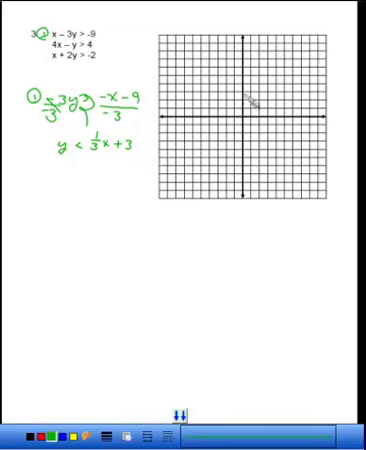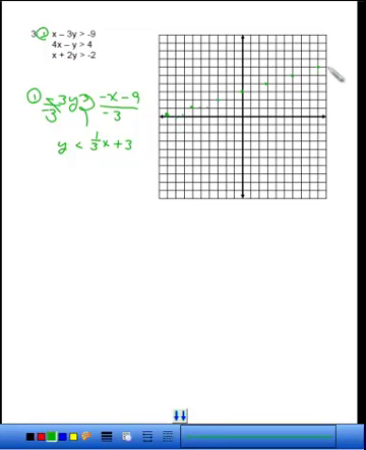So we want to graph this. We go to 3, and we go up 1 and over 3, up 1 and over 3, up 1 and over 3, down 1 and over 3.